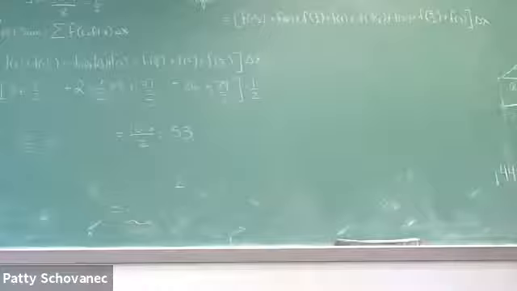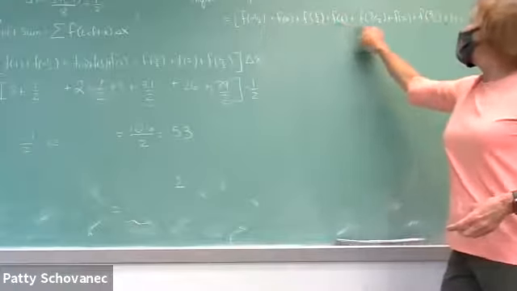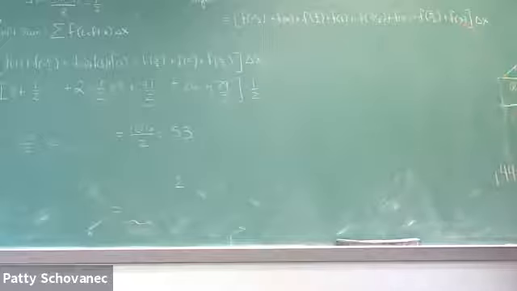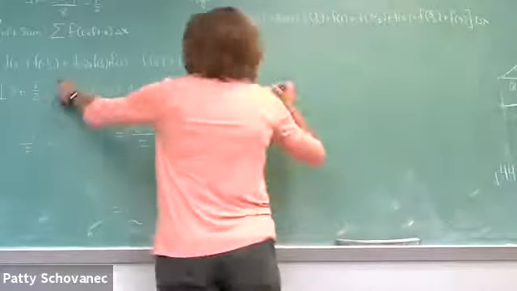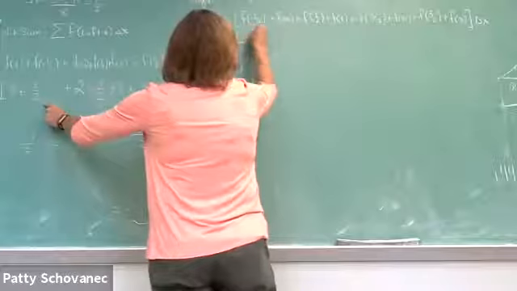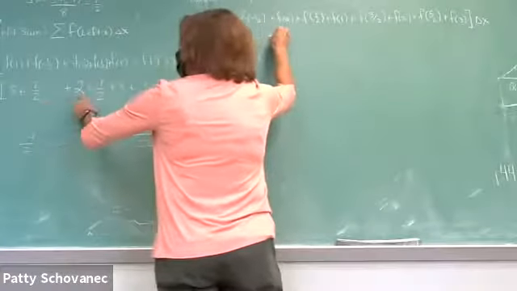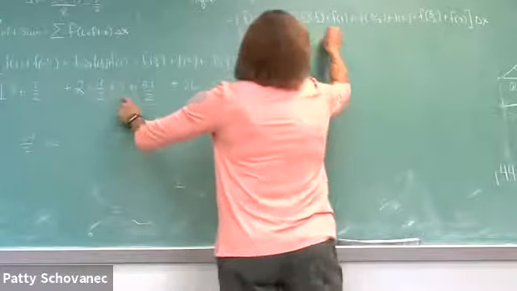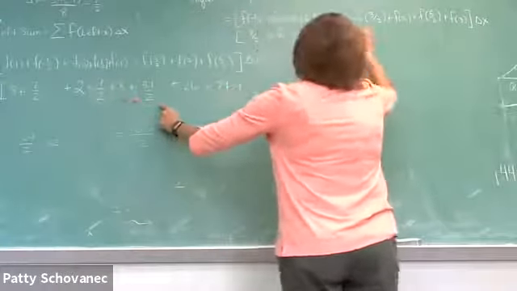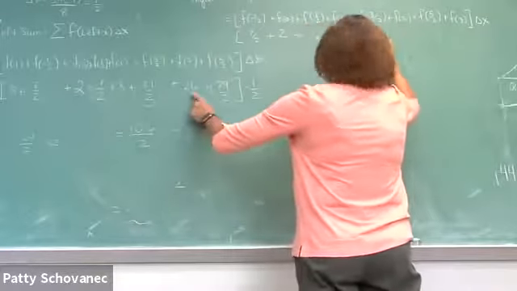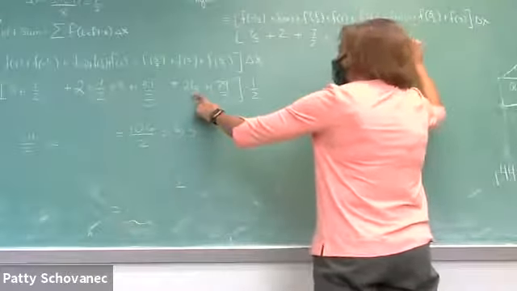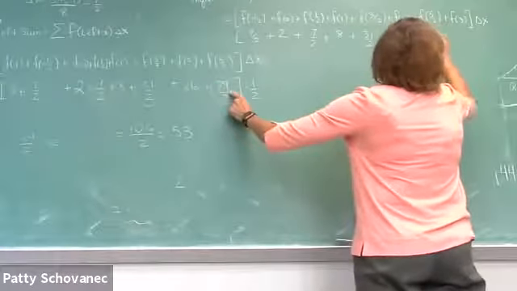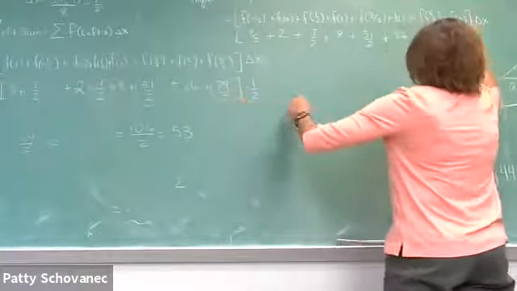Let me count my rectangles. 1, 2, 3, 4, 5, 6, 7, 8. There's my 8 rectangles. Got all these numbers but the last one, so let's put them all in here. F of negative 1/2 was 7/2. F of 0 was 2, and another 7/2, then 8, and 31/2, and 26, and 79/2, and then f of 3 was that 56.